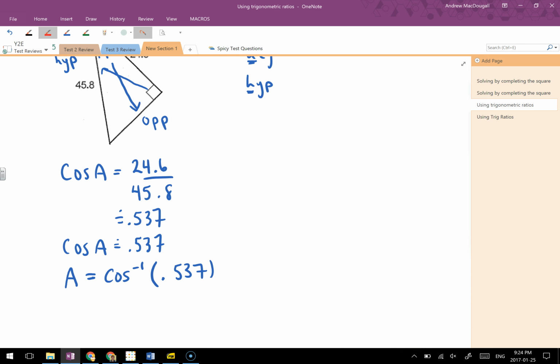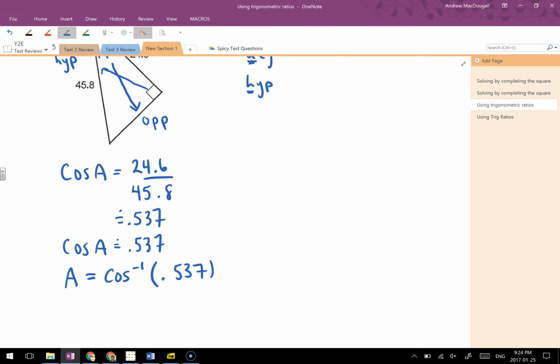You see this little -1 floating in the exponent? No, that's not actually an exponent. It doesn't mean anything really mathematical. It's just a notation to tell you it's the inverse of cosine, called arccosine. And it's just telling you it's solving for an angle when you have a cosine of 0.537. So we can put that in our calculator.